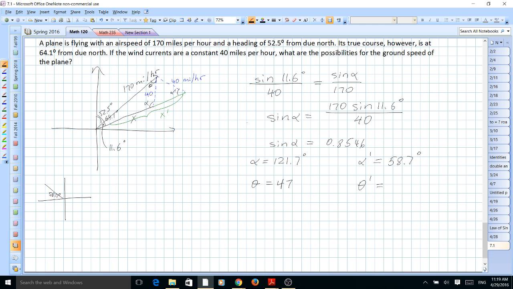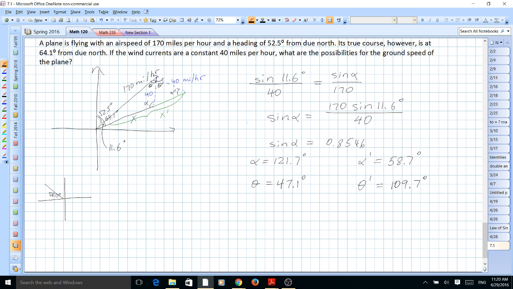I'm going to get 47.1 degrees. On the other side, I'll have this theta prime, which is the other triangle. So one of the angles is 11.6, the other angle is 58.7. My third one has to be 180 minus 11.6 minus 58.7. It will come out as 109.7 degrees.